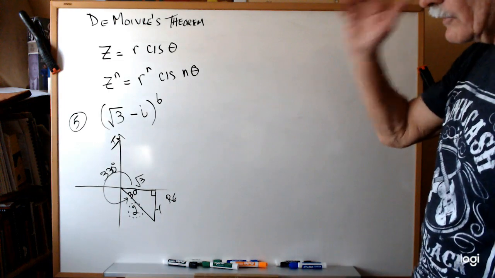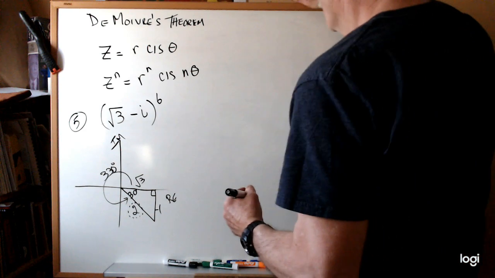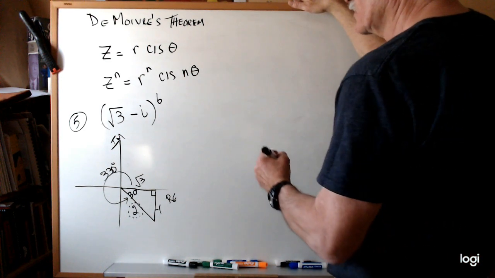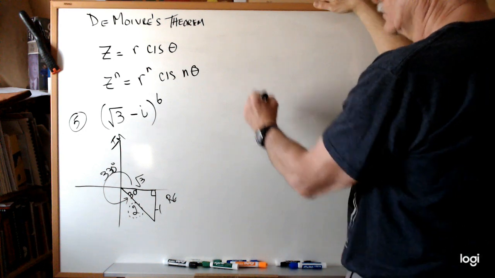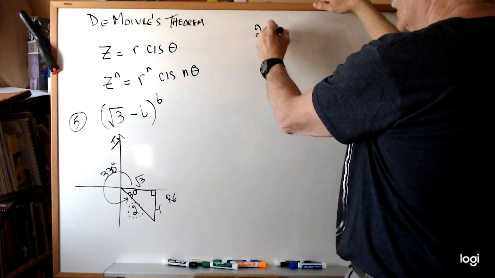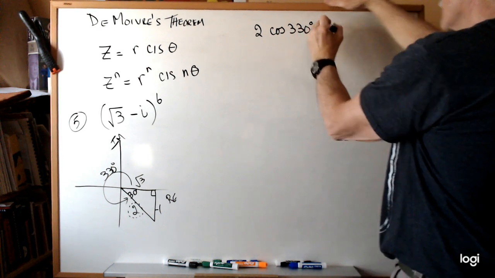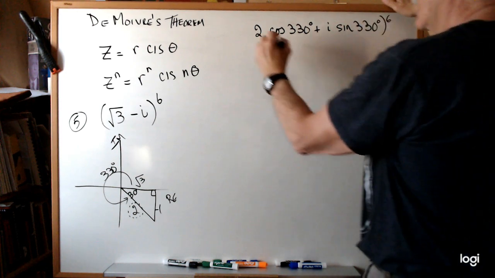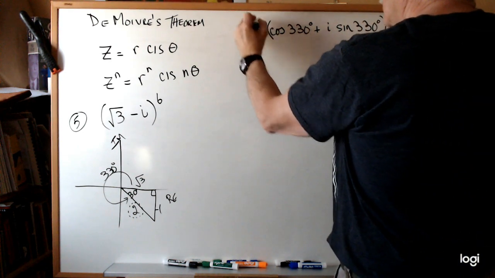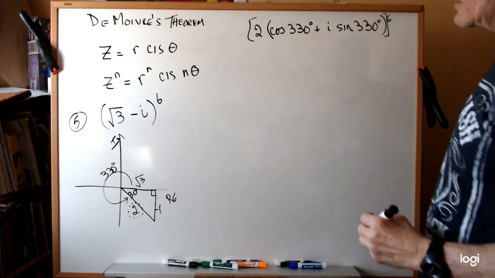And this, of course, is our value of r, right? It's the length of the radial side. So therefore, what the problem is saying is that we want to take 2 cosine of 330 plus i sine of 330 degrees, and we want to raise that whole thing to the 6th power.